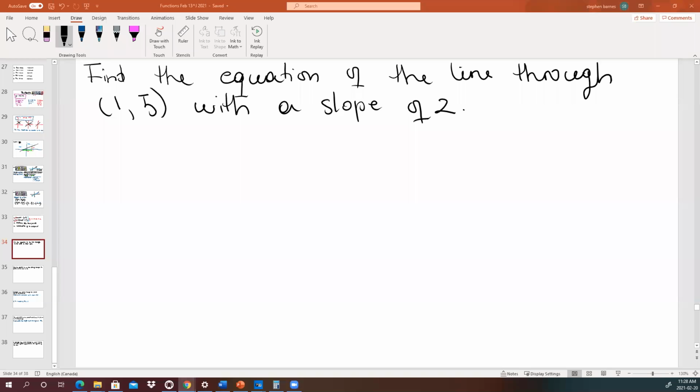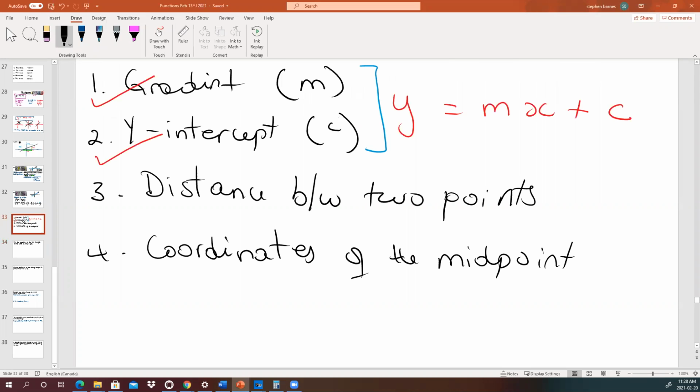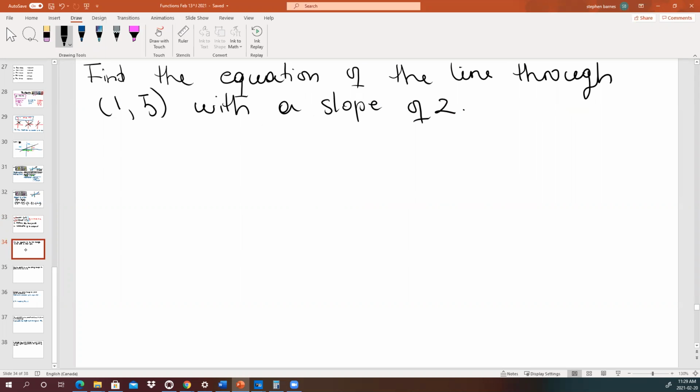All right, so having gone through all of the previous stuff that I had mentioned, the gradients, the intercept, finding the distance between 2 points on a line, and the coordinates of the midpoint between 2 points on a line, we're going to now work some questions, more the type of what you probably would see in an assessment situation.